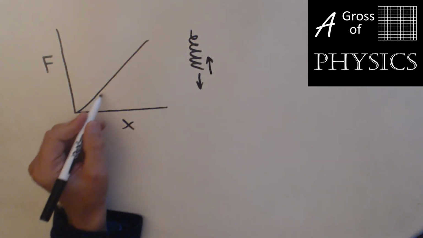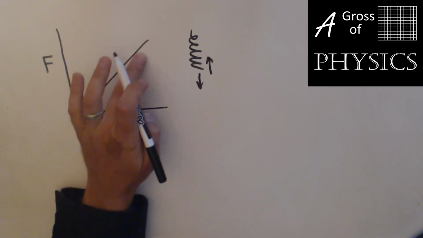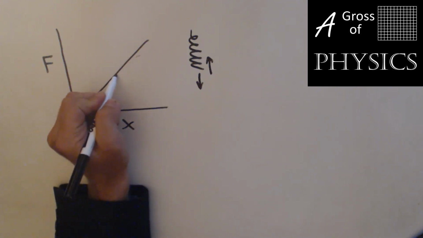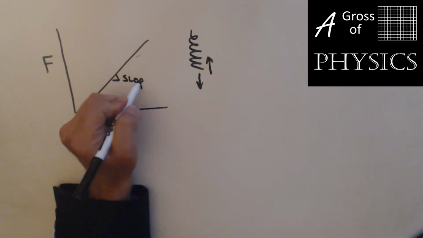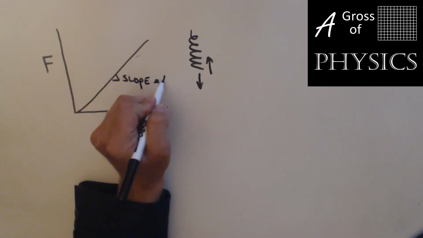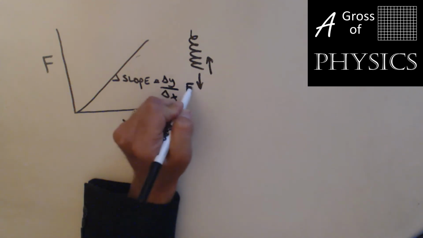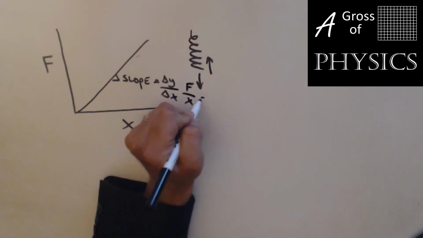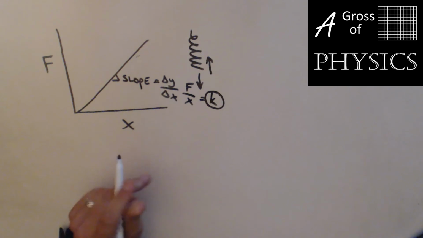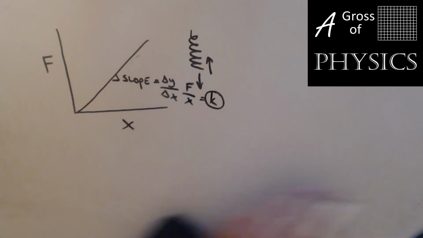So you have to pull even harder to get it to stretch farther. Now, the slope is change in y over change in x, which is F over x, which is equal to k. So the slope gets us the spring constant.